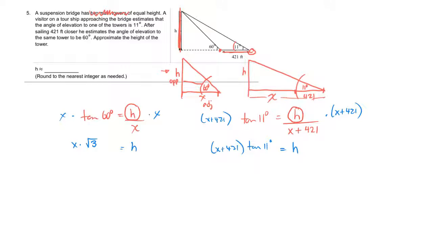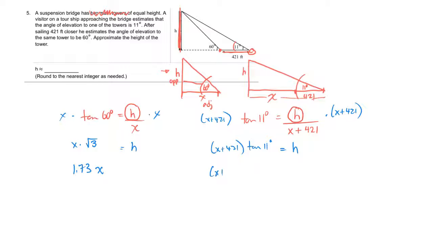Square root of 3 is 1.73. So this would be 1.73x. And then on this side, let's figure out the tangent of 11. Tangent of 11 is 0.194.